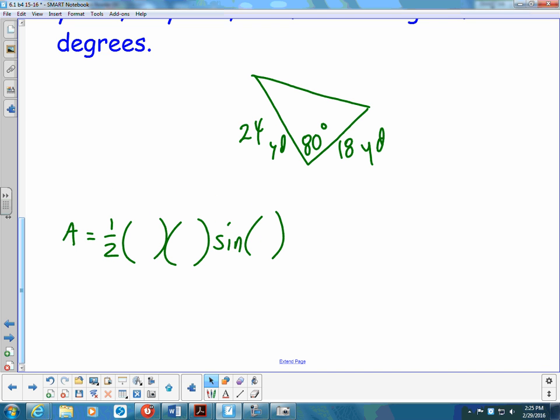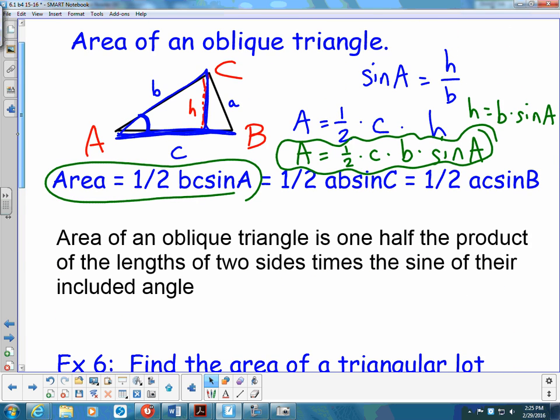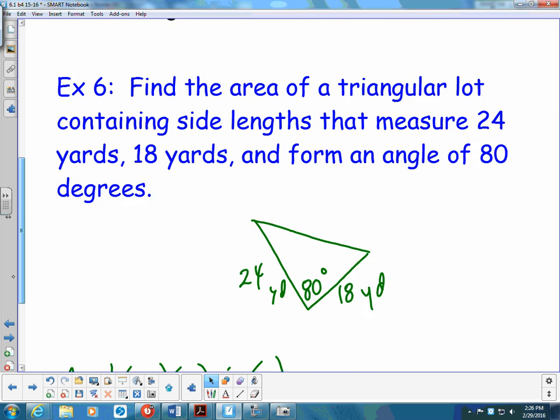This area formula works if you're given an angle and two sides. So the sine of angle A, and you're given two sides, but the two sides have to be surrounding that angle, right? The angle has to be the included angle between those two sides. And that's exactly what we have here.